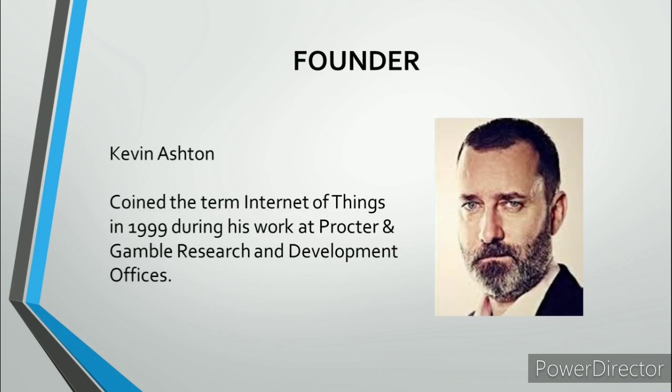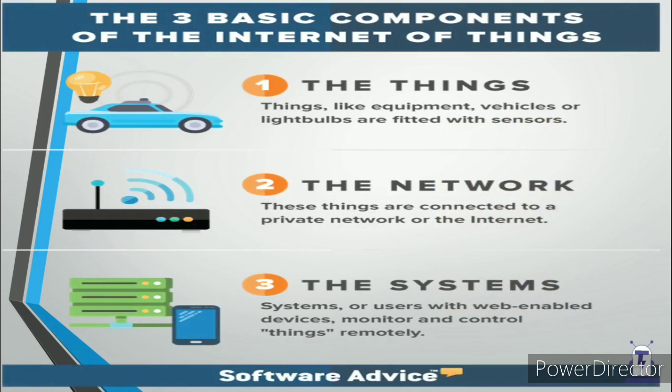The idea of connected devices had been around since the 1970s, but it was Kevin Ashton who coined the term in 1999 during his work at Procter & Gamble Research and Development Offices. The three basic components of the Internet of Things are the things, the network, and the systems.